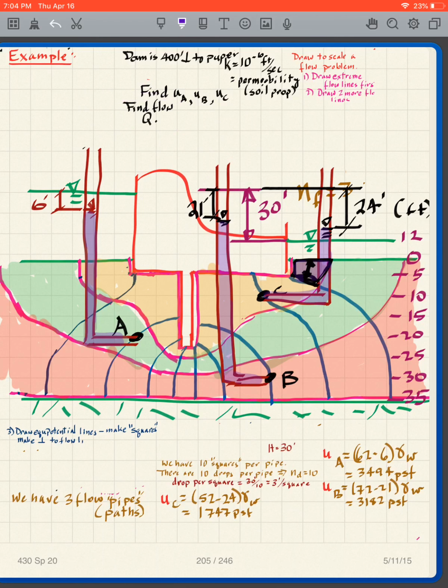V times A, velocity times cross-sectional area. It's a similar calculation. So I want to know, in other words, what is the cubic feet per second going underneath this dam? Okay, so the flow net is given.